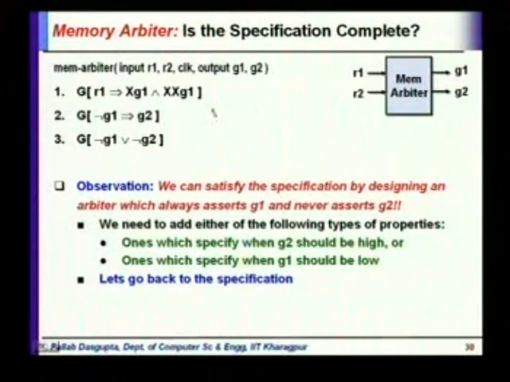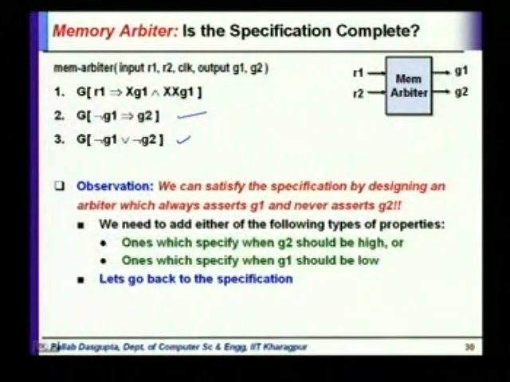This is also true because there is no state where not G1 is true, so it holds by default. And this is also true because we are always asserting G1 and never asserting G2. But that's certainly not the implementation that we want.